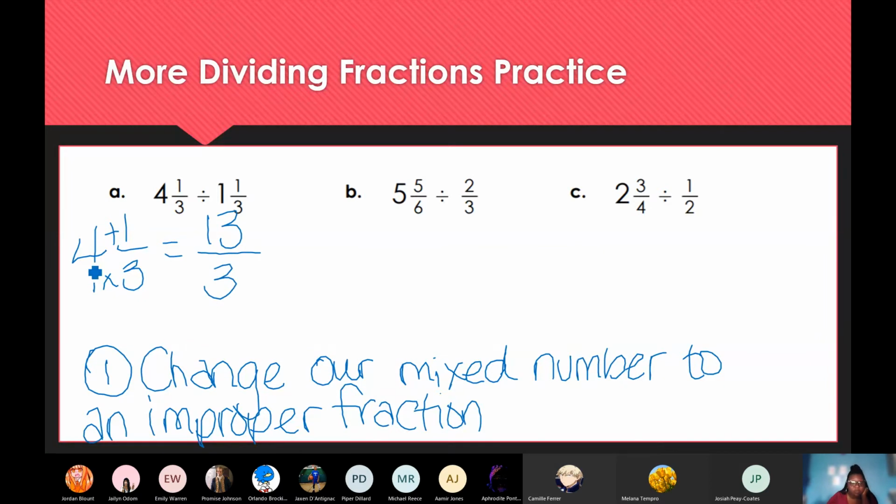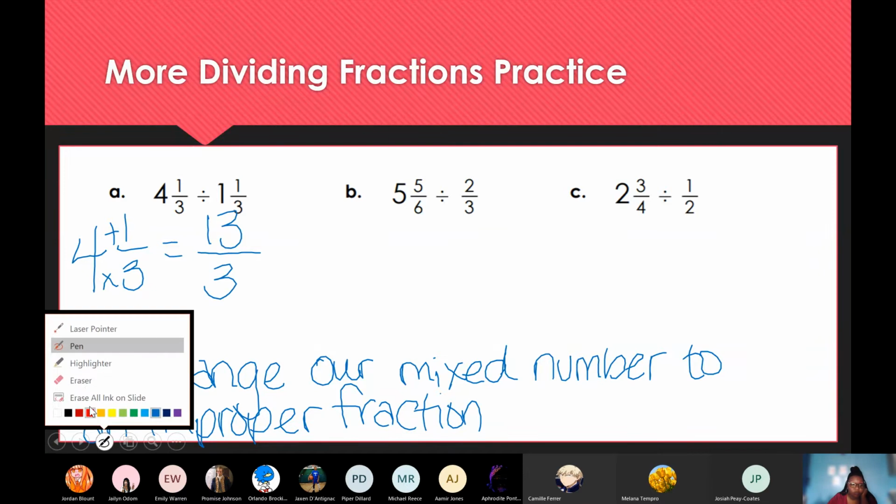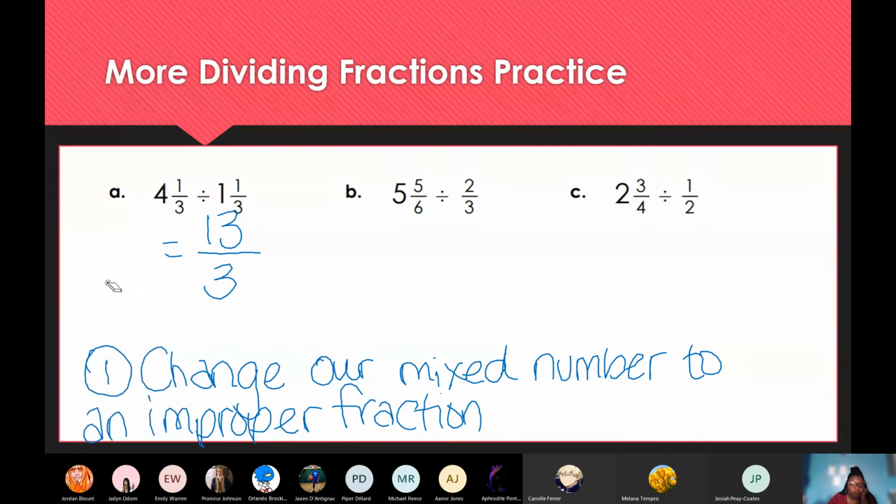So now, step 2. We actually have to do it with both of them, don't we? What is 1 times 3? 3. Plus 1? 4.